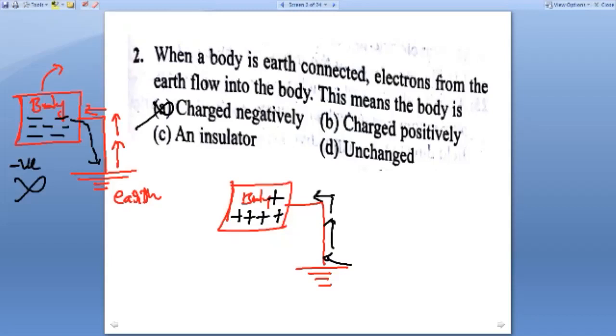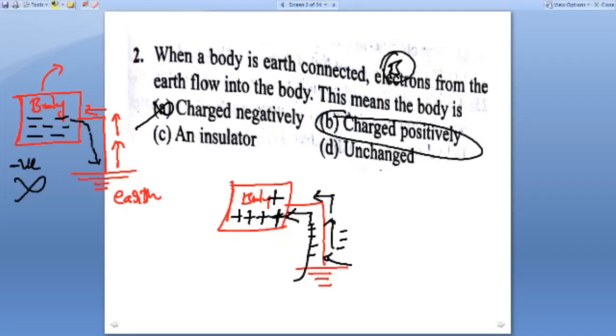Why? Because of unlike charges. This is positive, these are the negative charges. The unlike charges attract. That is the reason the electrons flow from earth to the body. So option B is the correct answer.